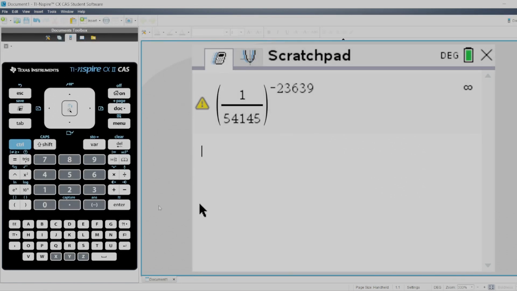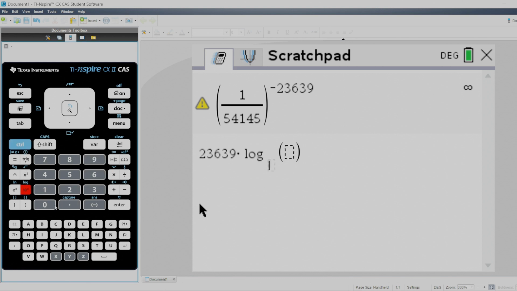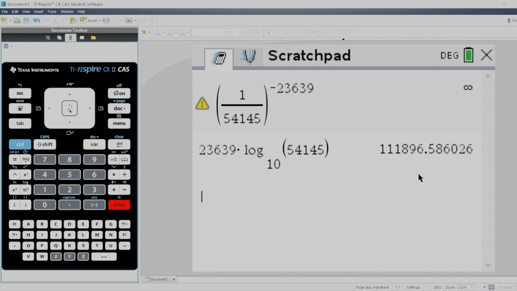So we're going to put in 23,639 times our common log, which is base 10, of 54,145, and we get the following answer.